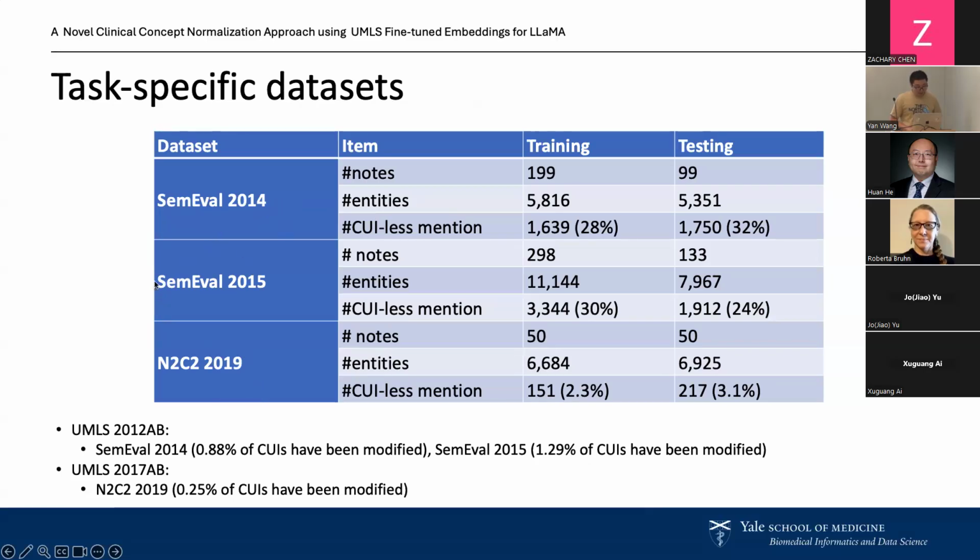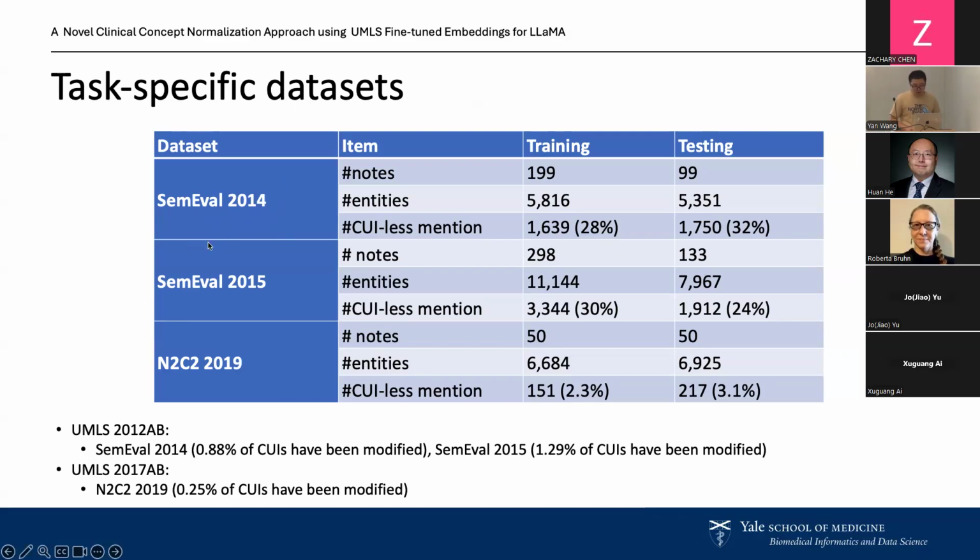The first two tasks primarily address the normalization of disease mentions using the shared corpus. On the other hand, the N2C2 data set is a biomedical concept normalization corpus that extends the scope to include a wider range of concepts such as medical problems, treatments, and tests.